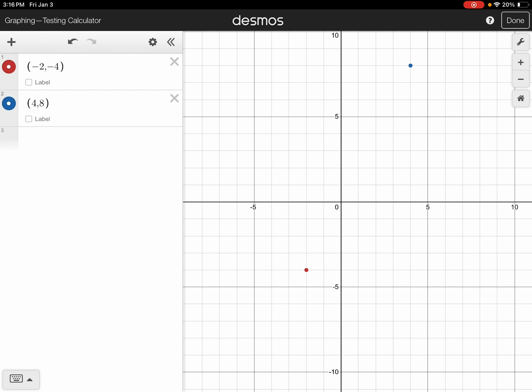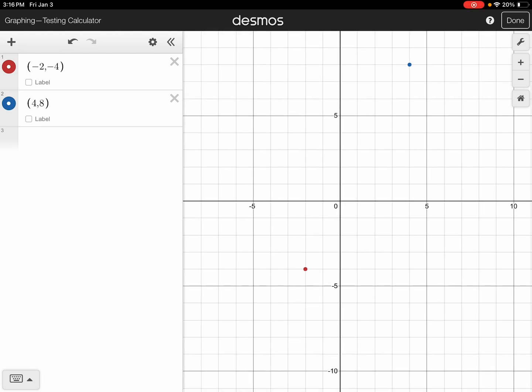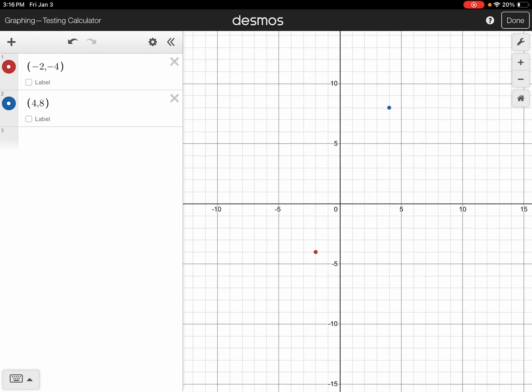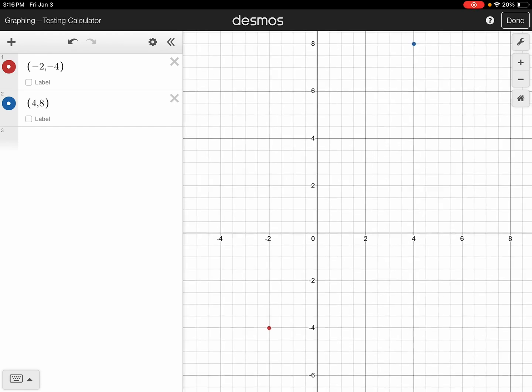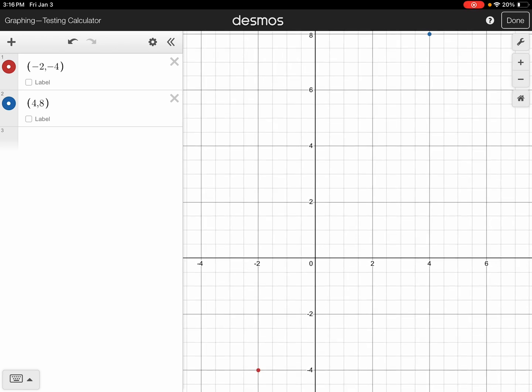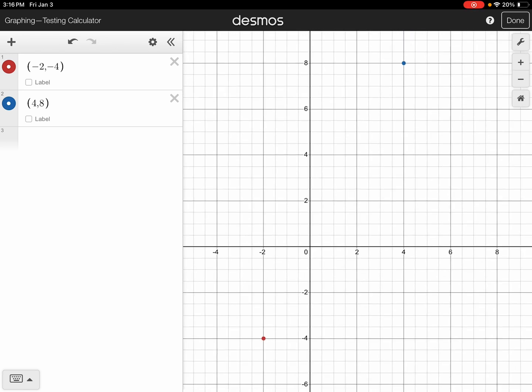So if you were to look at your 2 points here, it's really hard for me to do because I don't have a pointer, I can't draw on Desmos itself, but you can actually try to count the slope between those 2 points. So you can go up 2 over 1, up 2 over 1, up 2 over 1, up 2 over 1, up 2 over 1, up 2 over 1, and it is true that you will get there.